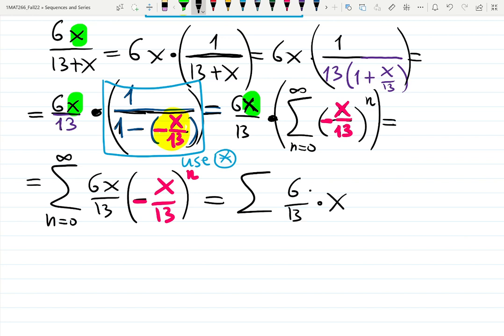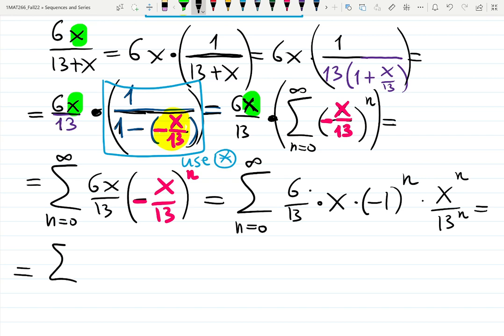We have x. We have minus 1 to the n. That's the first thing I see. It's an alternating series. We have x to the n, and we have 13 to the n. So I just put each individual term as a factor. Each factor now is standing by itself. That's what I did, and now I know how to collect terms. That is going to be the sum.